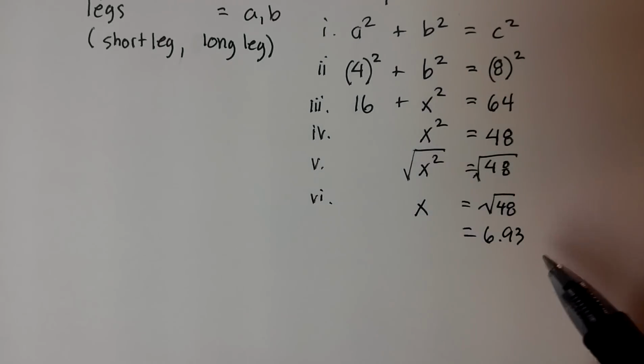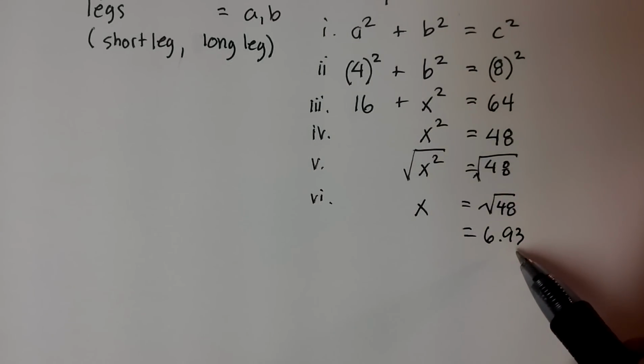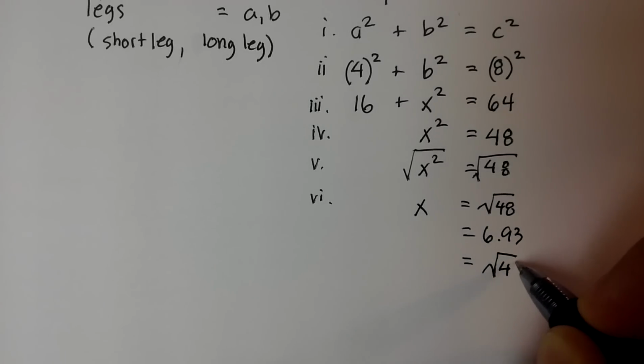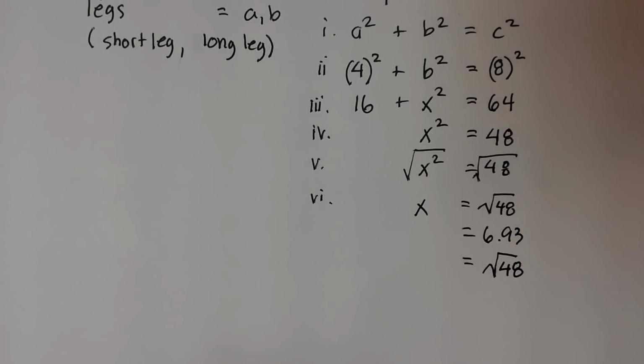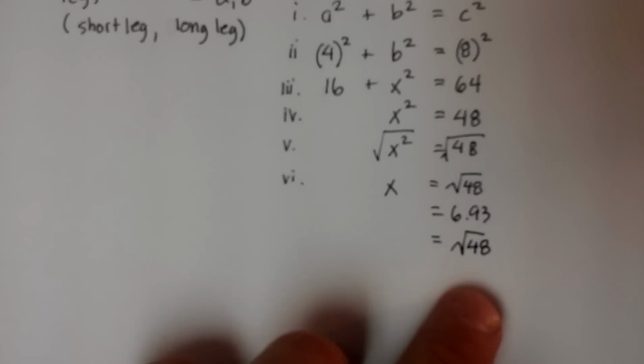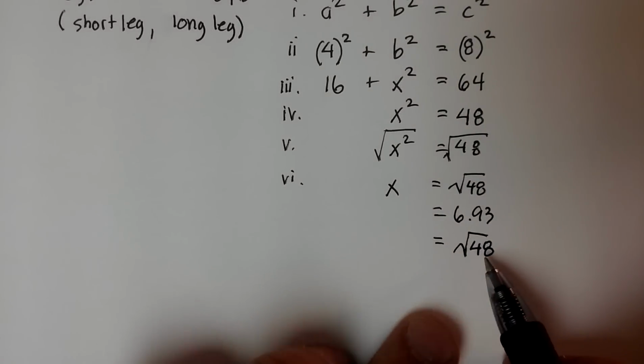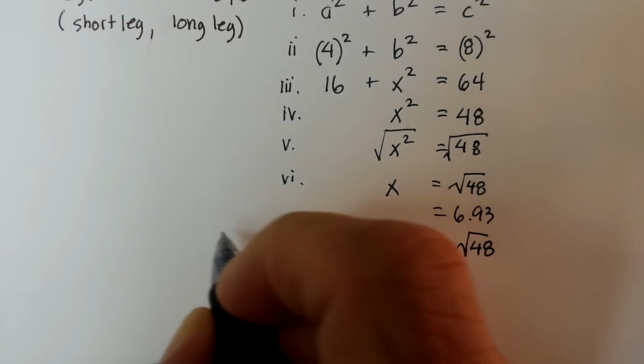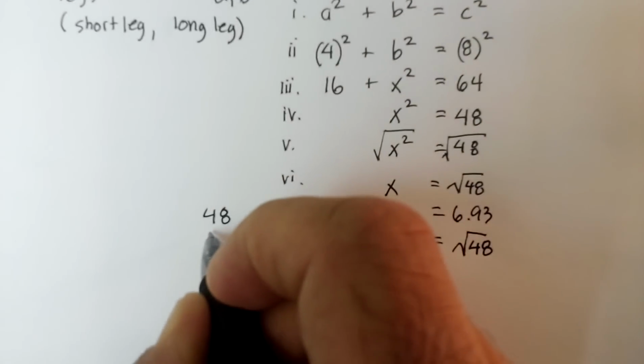Now, some teachers, though, don't want you to put this in decimal form. They want you to keep it in the radical form. And let me show you how I do that as well. I break this down by doing all the prime factors of 48. So I use a little number tree. Let's go over here. 48.